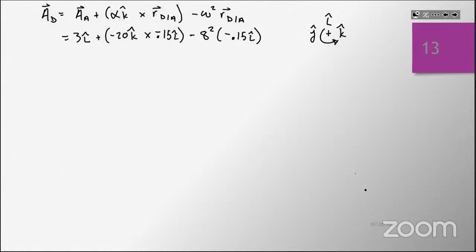Okay. Well, what happens? We get 3I plus, well, K cross I gives me positive J. So that's going to be 3J, right? 20 times 0.15, if they're both negative, the negatives cancel. We're left with 3. K cross I is going in the appropriate direction of our circle, so it will give us positive J. 3J.